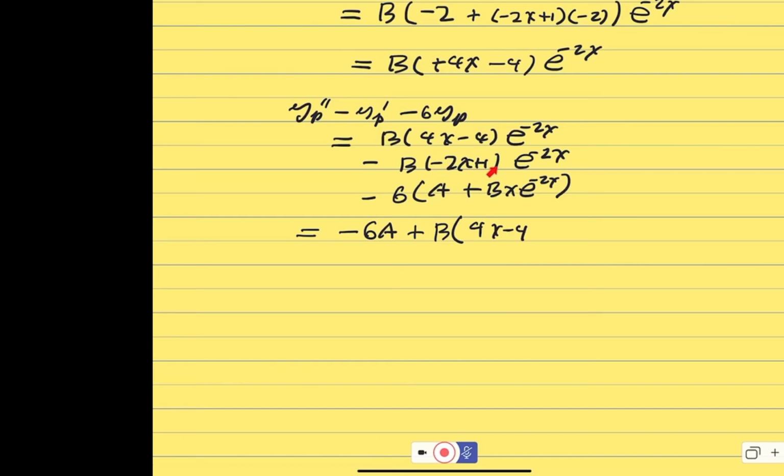From the second one, I have minus 2x plus 1.